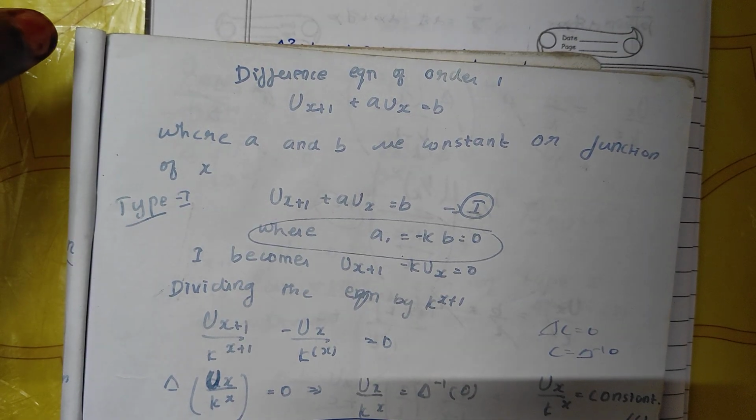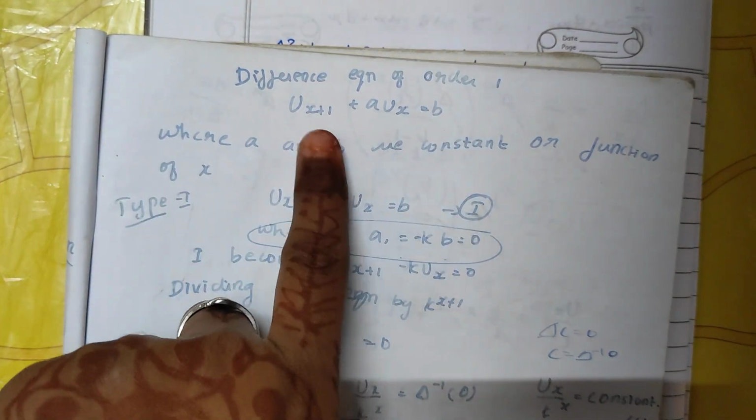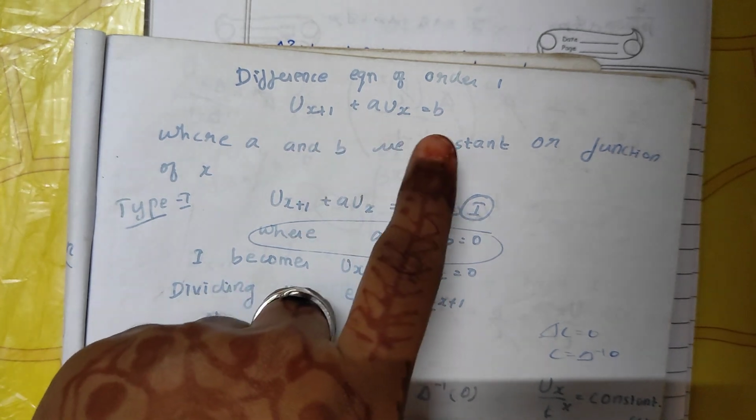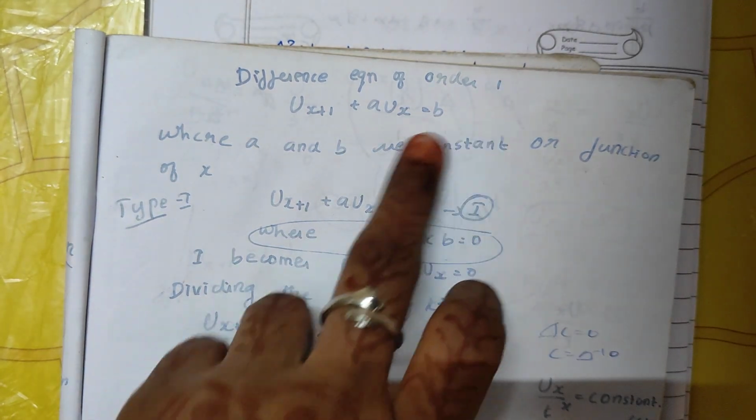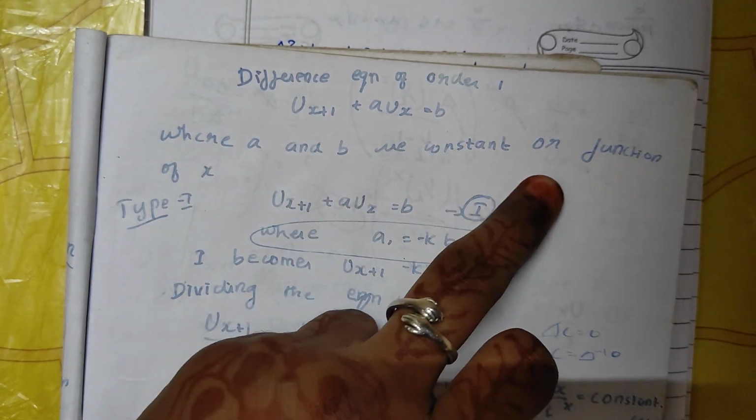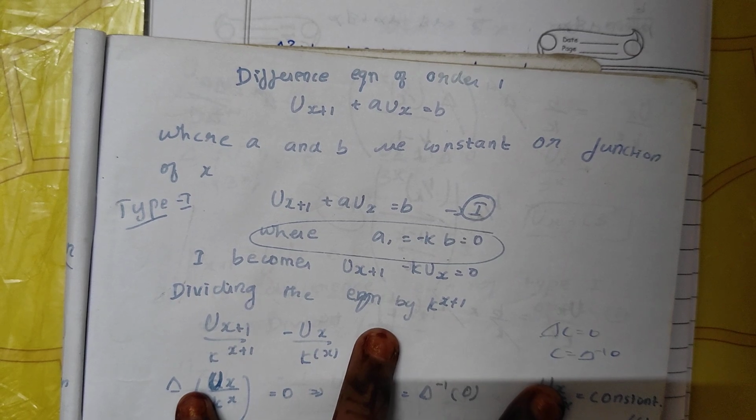So first we are going to see the difference equation of order 1, because u x plus 1 minus x will give you 1, right? So it is a difference equation of order 1. u x plus 1 plus a into u x is equal to b, where a and b are constants or functions of x.